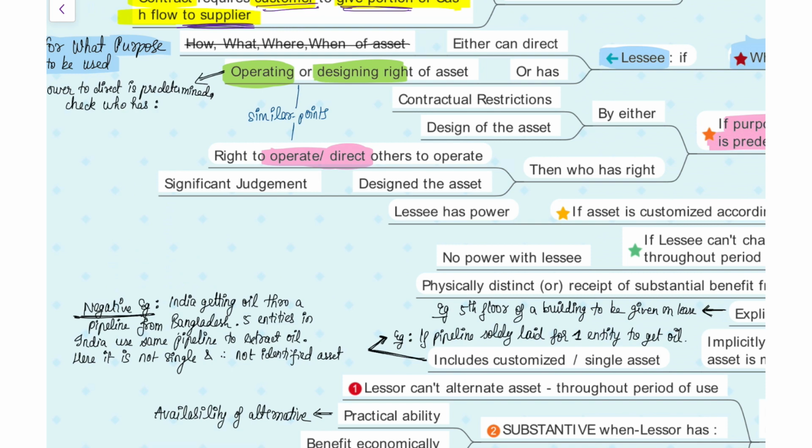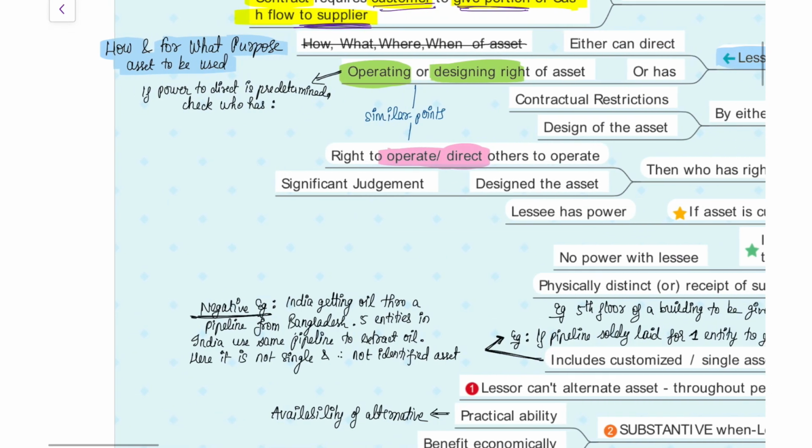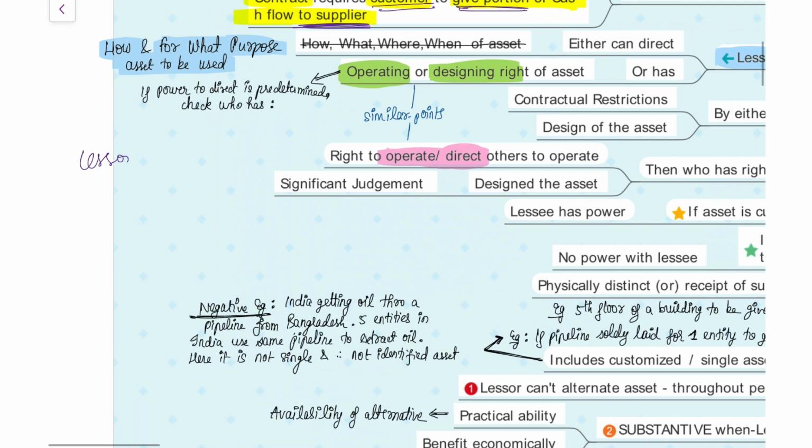Suppose others are operating it. Suppose the lessor has given a car on lease to a lessee, and the lessor, for his own interest, has sent a driver together with the car. So he has told the lessee, you don't drive, but use the driver for driving the car if you want to go somewhere.